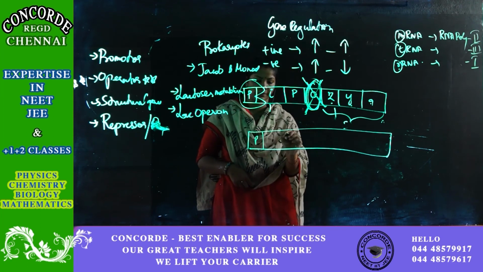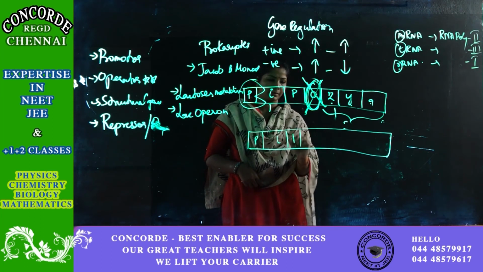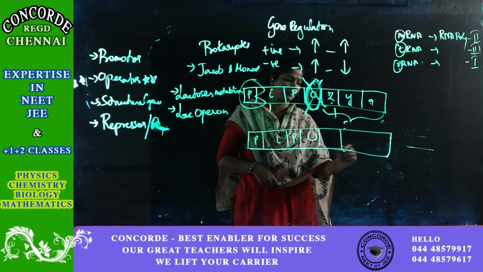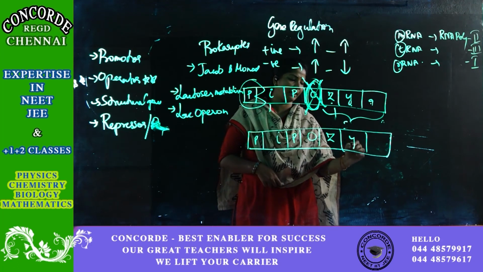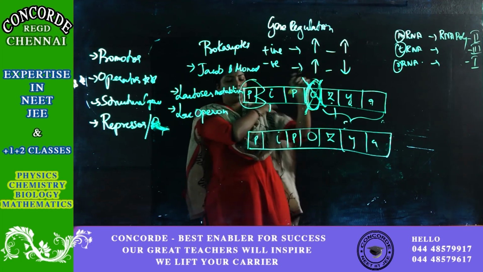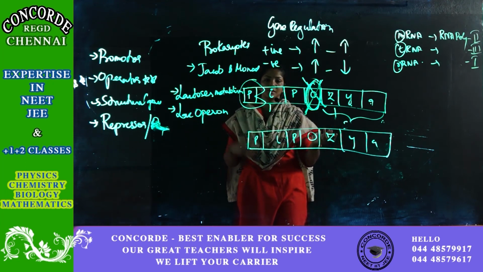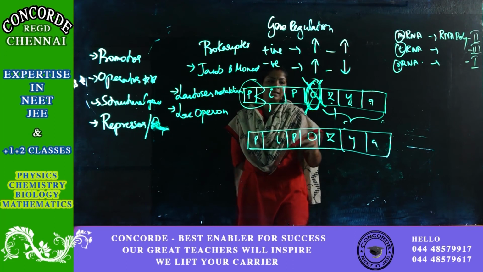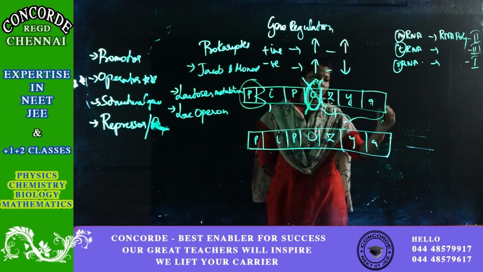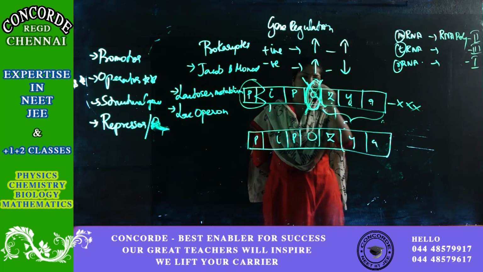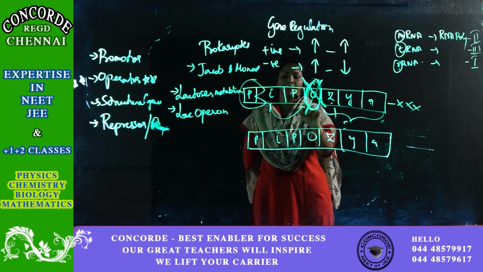Same promoter, I, promoter, operator, Z, Y, A. Now what happens? When there is no glucose, when the lactose is there in the medium, then these genes should be turned on. This is switched off because the operator is blocked from your I gene.